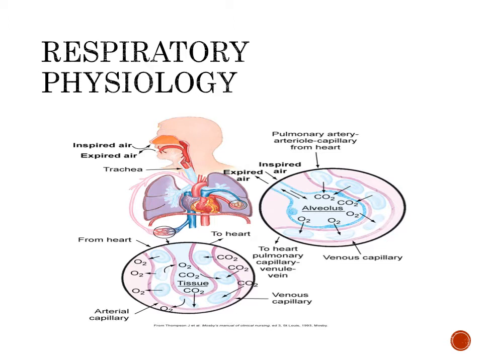The airways of the lung transfer oxygen from the atmosphere to the alveoli, where the gases are exchanged. And throughout the alveolar capillary membrane, oxygen transfers to the blood and carbon dioxide transfers to the alveoli.